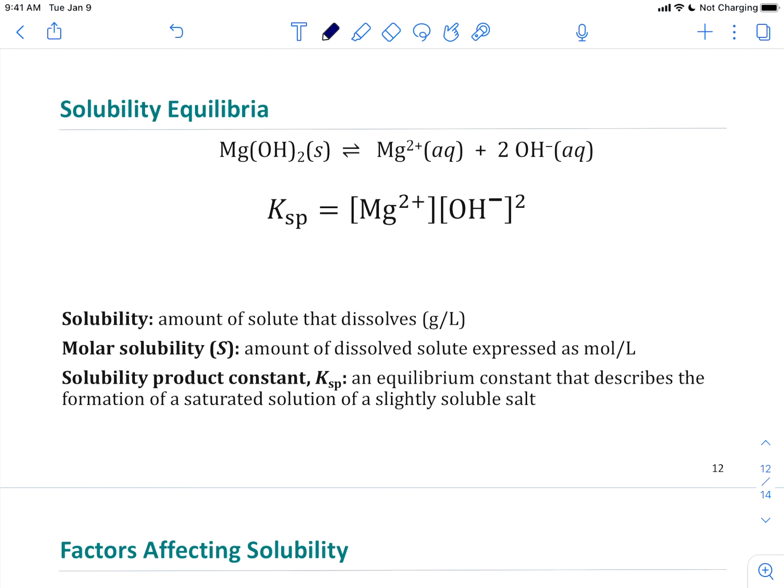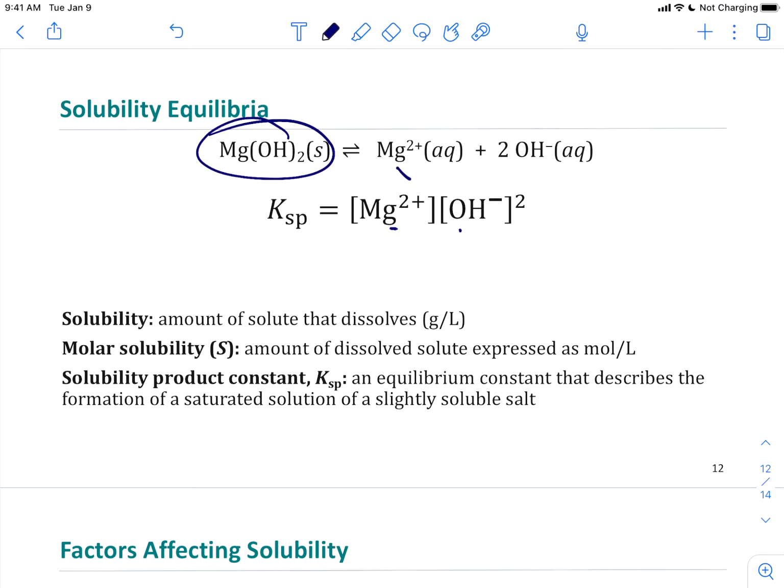Two other things left. One is to introduce solubility equilibria and treat this the same as we've always treated it, a RICE table. This is products over reactants. We want to know what the concentrations of these are in solution. If I dissolve as much of this as possible, that's the solubility. So I know it's soluble, but I'm going to have some solid left at the bottom of my beaker, which means the solution will be saturated.